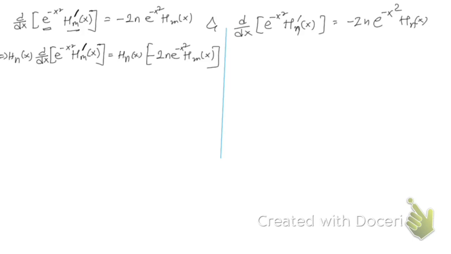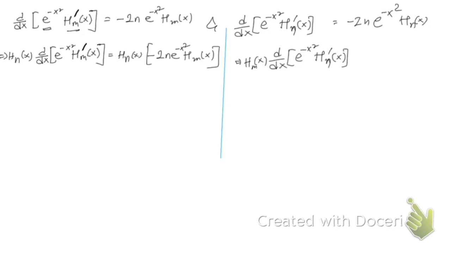Similarly, on the other side, we're going to multiply Hm of x. We're going to multiply this term on both sides of this equation, right? Okay, let me copy this and paste here. So similarly, on the other side also, we're going to multiply Hm of x into this term.